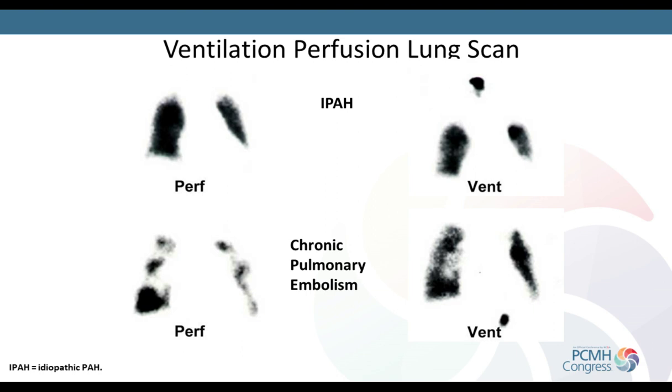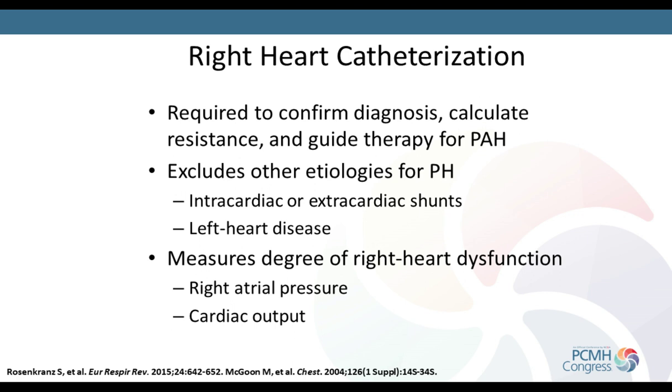So we're looking for common heart disease, common lung diseases, and unresolved pulmonary emboli. If you've ruled those out, and you think the patient has pulmonary hypertension, you then go on to right heart catheterization. To make a diagnosis of pulmonary hypertension, you need an invasive test. You can't make a diagnosis non-invasively.